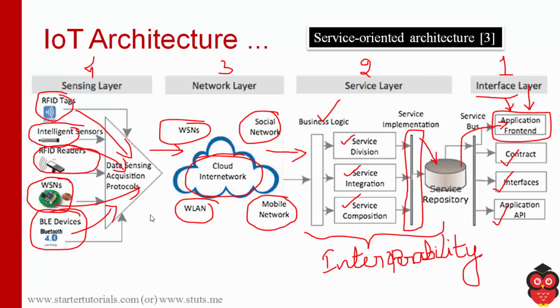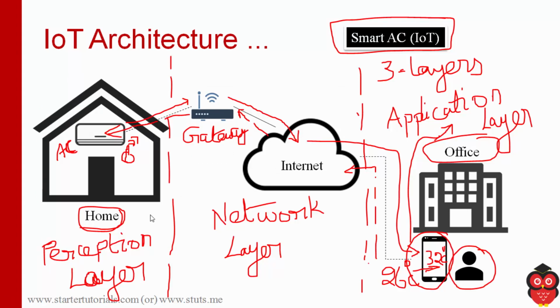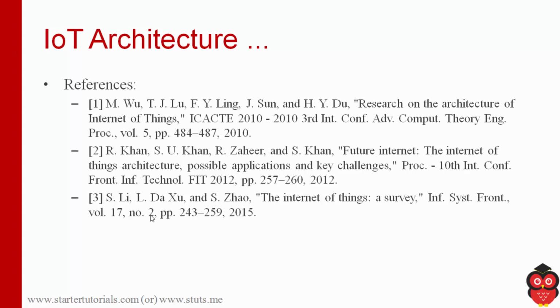And we have seen another representation of the same service-oriented architecture. And then finally, I gave you an example of a smart AC, using which I have shown you the three-layer architecture: perception layer, transport layer, and finally the application layer. So these are the three references.